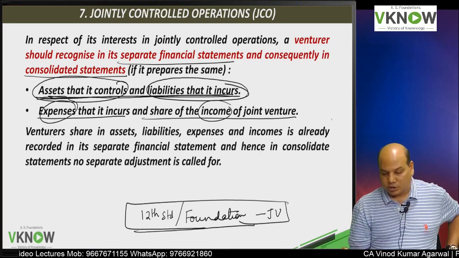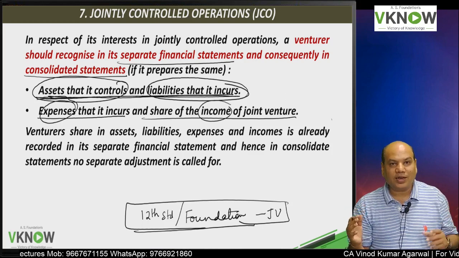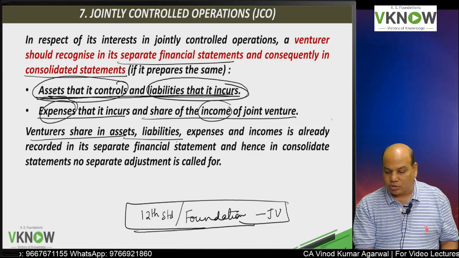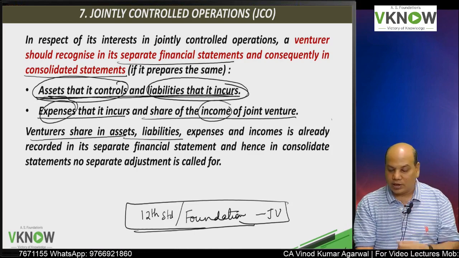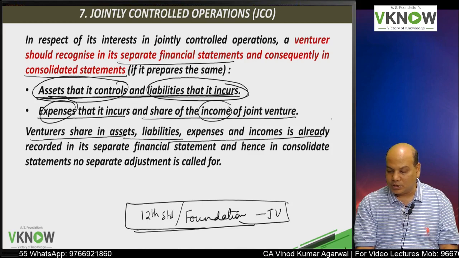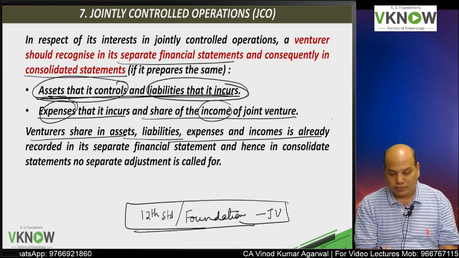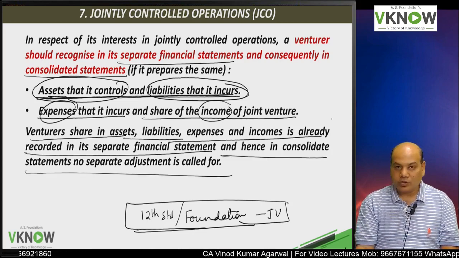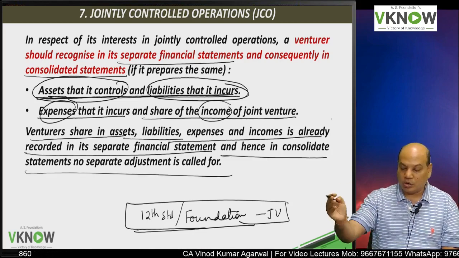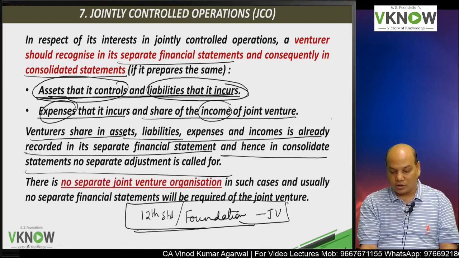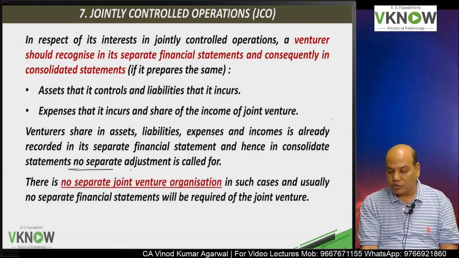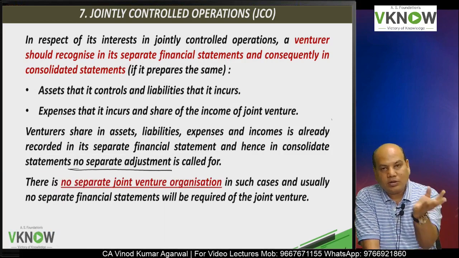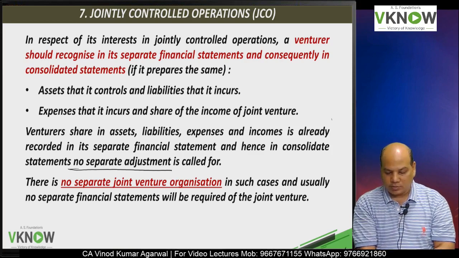You record your own share of expense, and plus if you have common assets, common liabilities, then your share in that asset or that liability or that expense and income will be recorded. You will first record in separate financial statement, and automatically the same figure will be recorded in the consolidated financial statement. You don't have to make any adjustment. If you have recorded sale of 100 rupees in separate statement, same will be recorded in consolidated statement also.